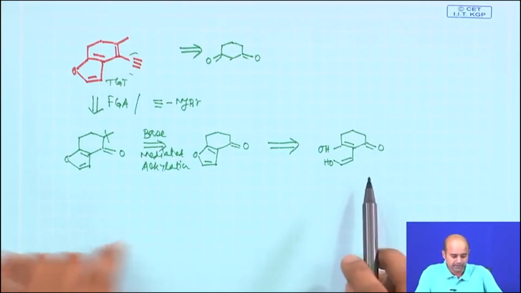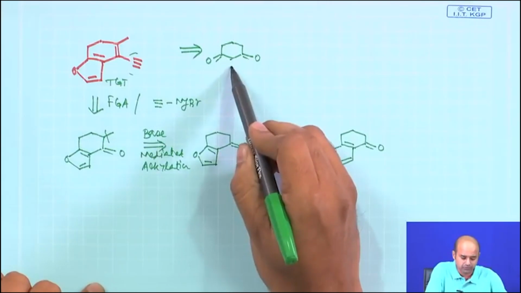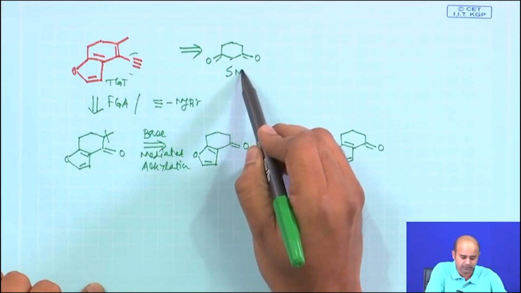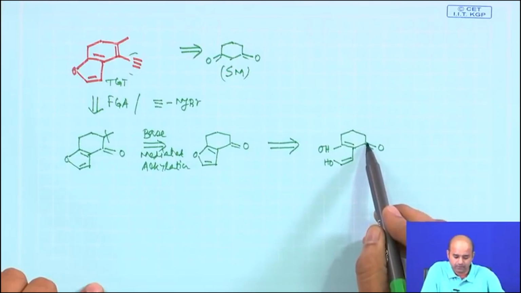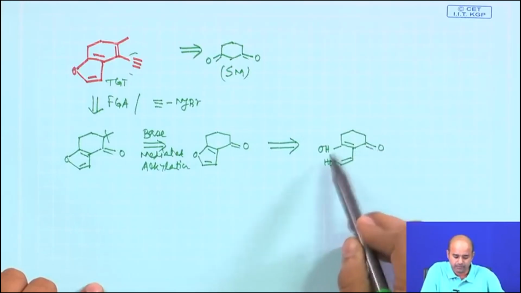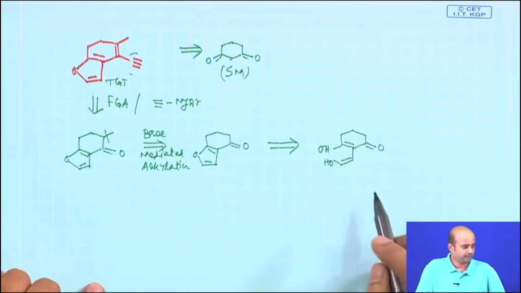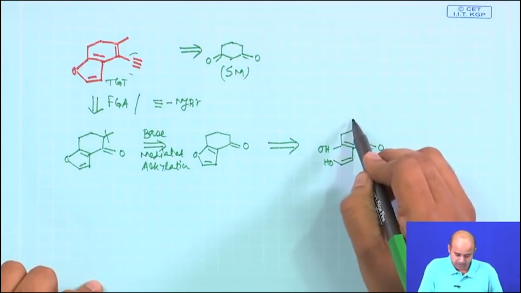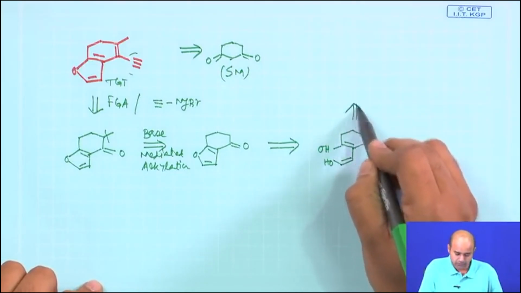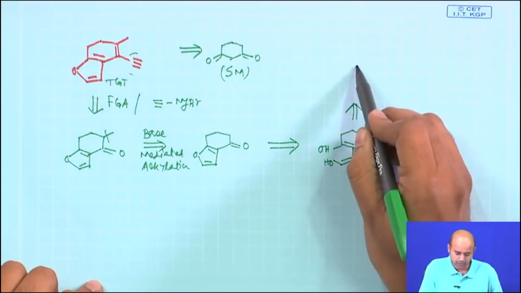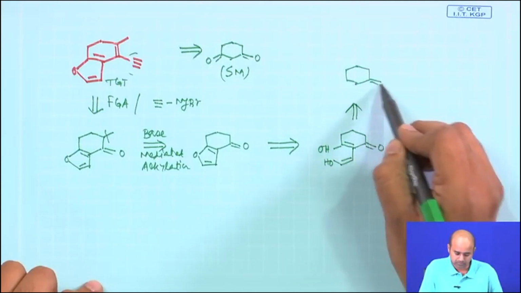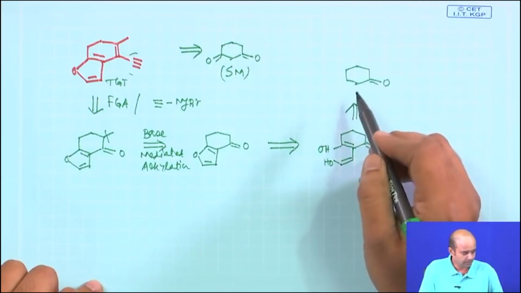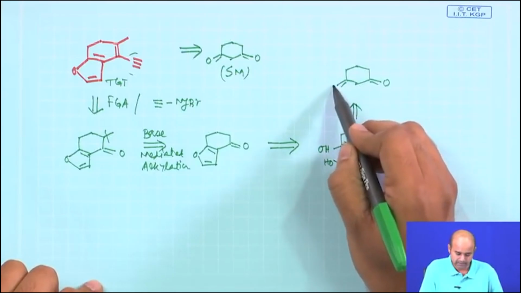Our initial starting material was cyclohexane 1,3 dione, which almost came into the design. So, next if you do another round of retro, that will give you a compound like this.